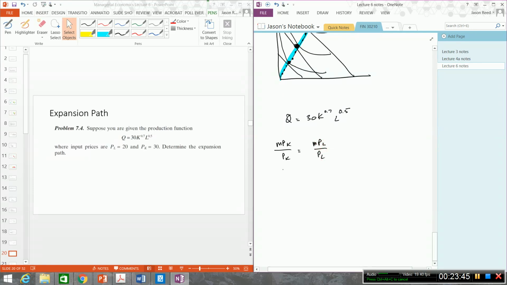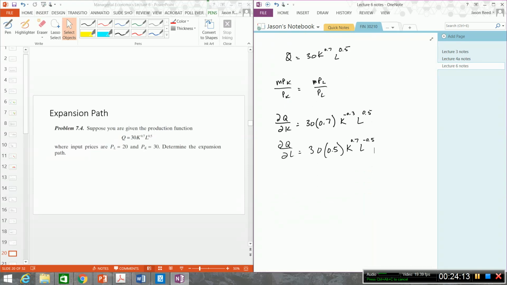So let's start solving for these things. We know that dQ/dK is going to equal 30 times 0.7 K to the negative 0.3 times L to the 0.5. dQ/dL is going to be 30 times 0.5 K to the 0.7 L to the minus 0.5.